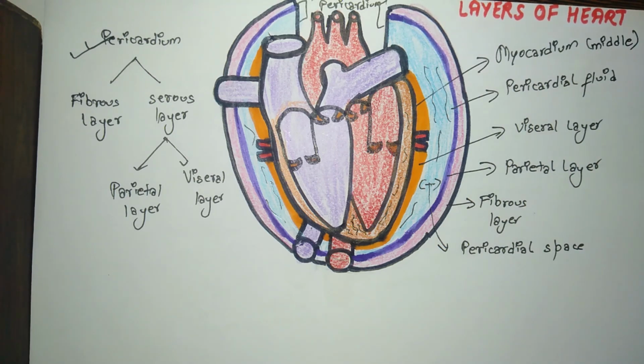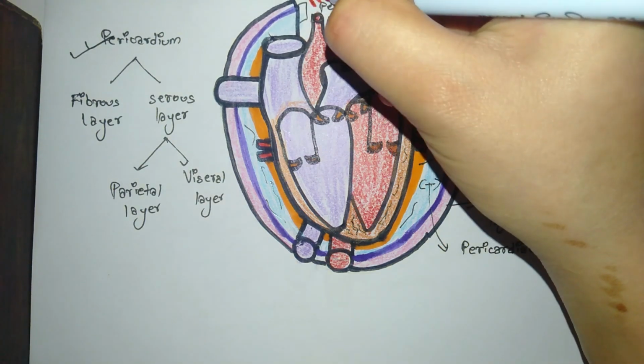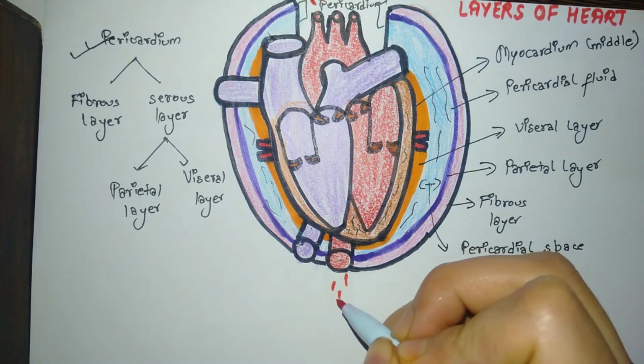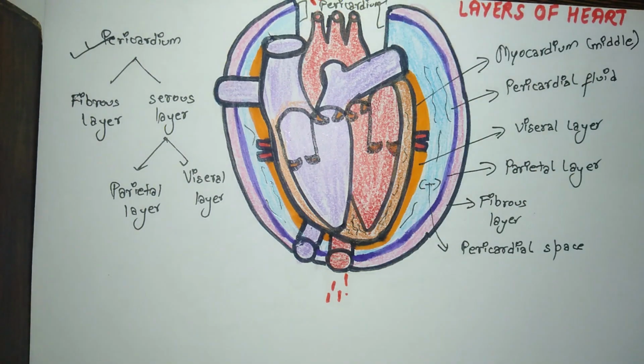This cardiac muscle helps in the contraction and relaxation of the heart. Whenever there is contraction, the blood is ejected through the aorta here, and from the upper and lower branches of the aorta, it is distributed throughout the different parts of the body. So the myocardium plays a vital role in the contraction and relaxation of the heart.